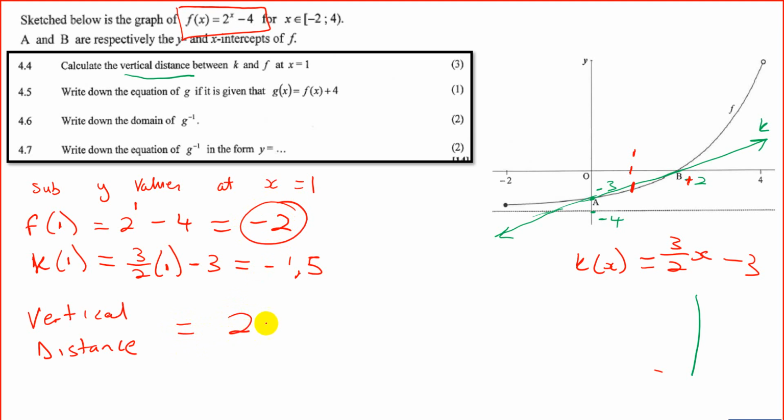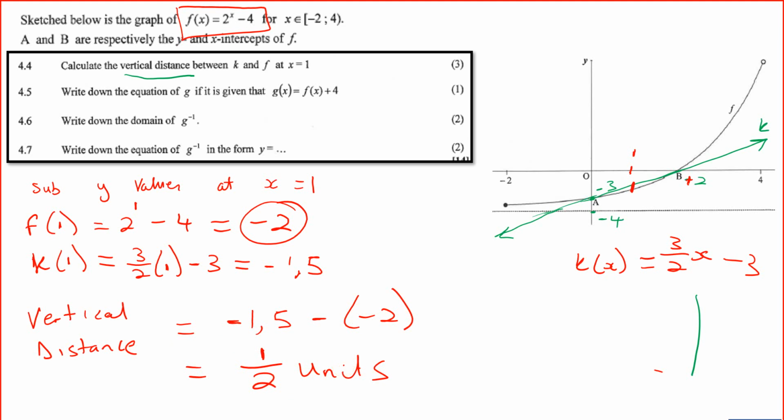Actually it's negative 2, so if we go to the graph just to get an understanding, you notice that the straight line is on top. Okay, so we're going to take, my mistake on that, minus 1.5 minus minus 2, and that should give you a vertical difference of half. And there we have it, half units.